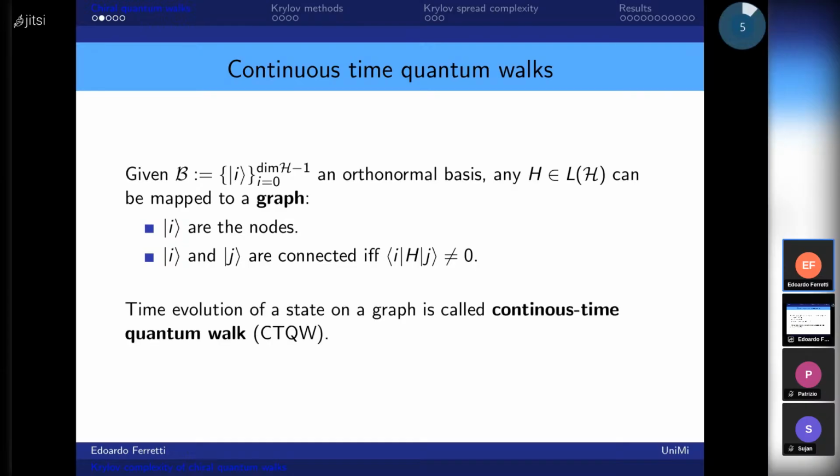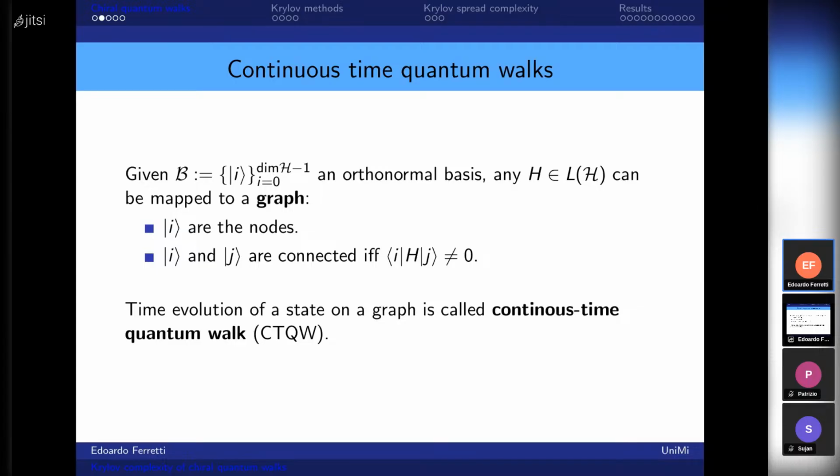Then we can choose any initial state, which will be expressed as a superposition of the elements of the basis, so in general a superposition of the vertices, and turn on the dynamics generated by H. This process is called a continuous time quantum walk, as opposed to the discrete time one, which is defined in a slightly different way.